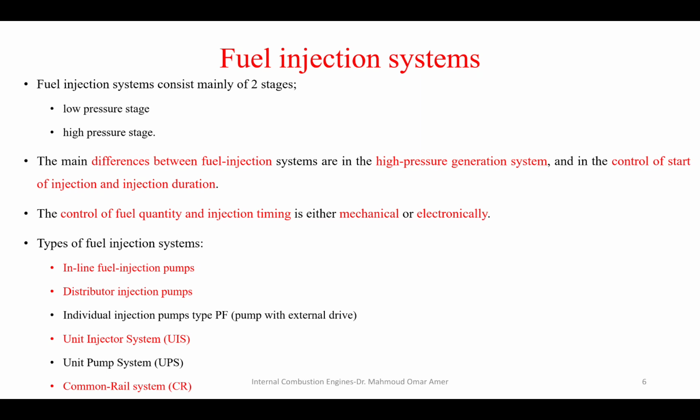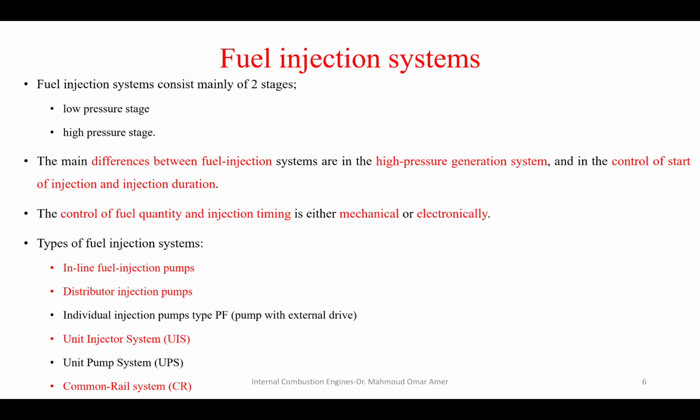What are the main differences between these systems? The difference is in the high pressure generation method, and in the control of start of injection and injection duration. They all perform the same task. They raise the pressure from approximately 5 bars to the injection pressure.